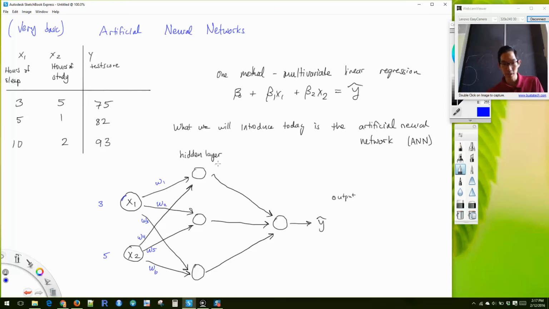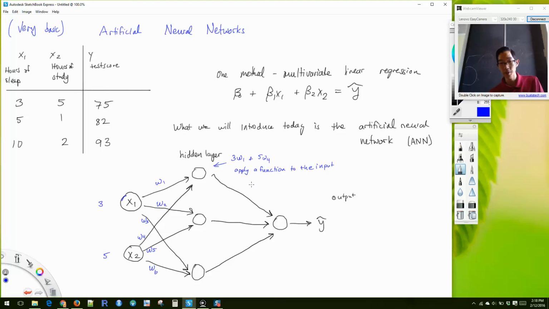Okay, so this right here, for the first observation will be 3 times the first weight plus 5 times the other weight. Okay, and so basically our input is this thing, and then we apply a function to our input.